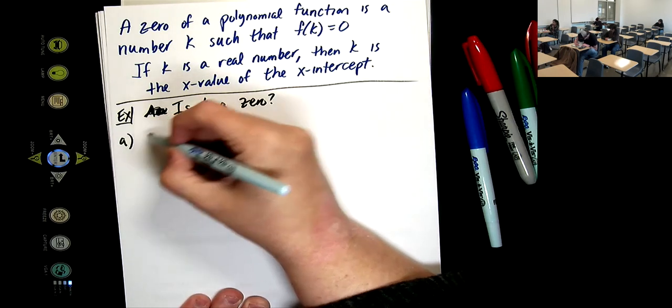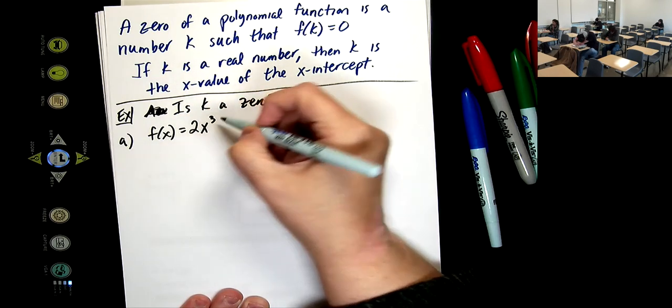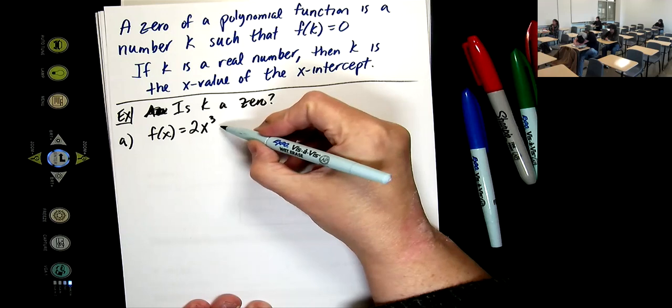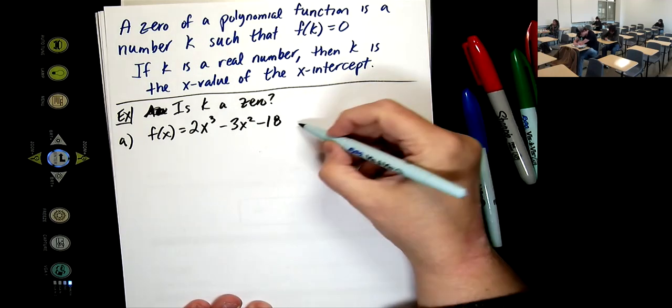For a, we're going to have f of x equals 2x cubed minus 3x squared minus 18. And we'll say k equals 2.